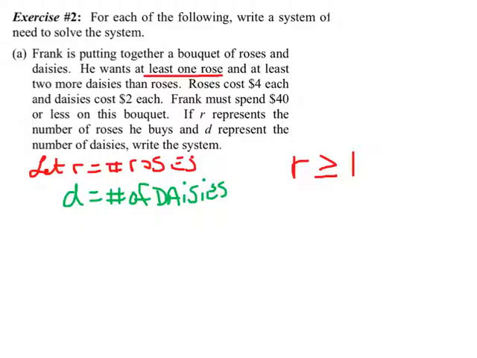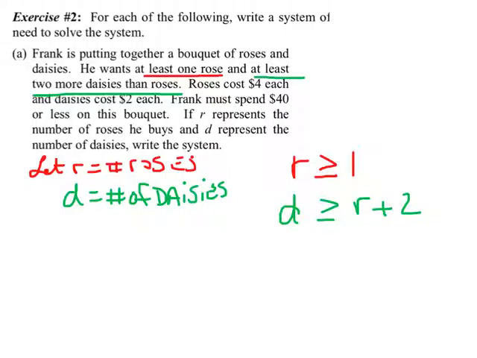All right, and if I need to have, it said at least, once again, 2 more daisies than roses, then what I need to have is daisies has to be greater than or equal to, for that at least again, the roses, plus I need 2 more than that, and more than, remember, means to add 2. So that's our next equation.